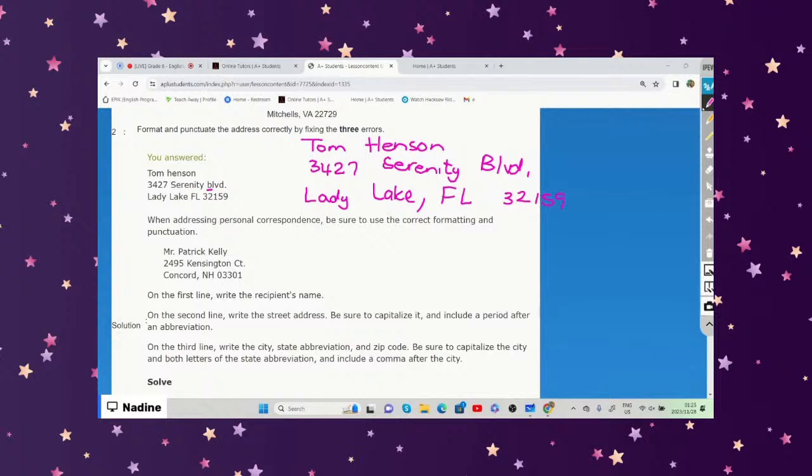So, for example, we're addressing this letter to Tom Henson, and his street address is 3427 Serenity Boulevard, Boulevard with a capital letter B. After Boulevard, we put a period. Then we add the city, which is, for example, Lady Lake. The state, which is FL abbreviated. And then we have the zip code, which is 32159.